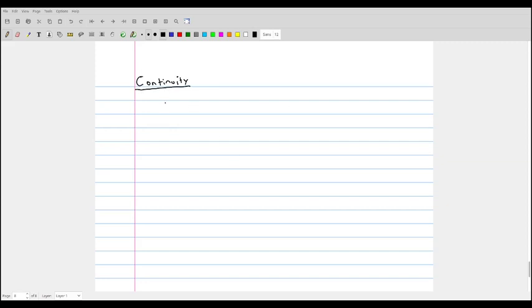Specifically, we say that a multivariable function is continuous at a point x naught if its limit exists at the point. That's the first thing. It has to be true.